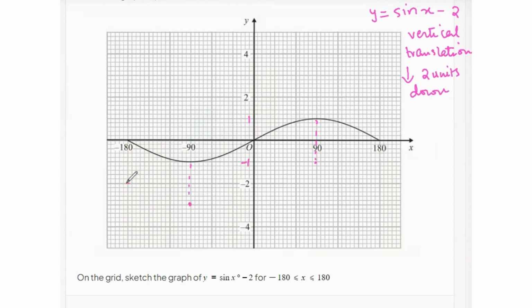It's going to be like this. As you can see, this point also came 2 units down, so did this and this. So our graph is moving 2 units down because we're subtracting 2 from the function.